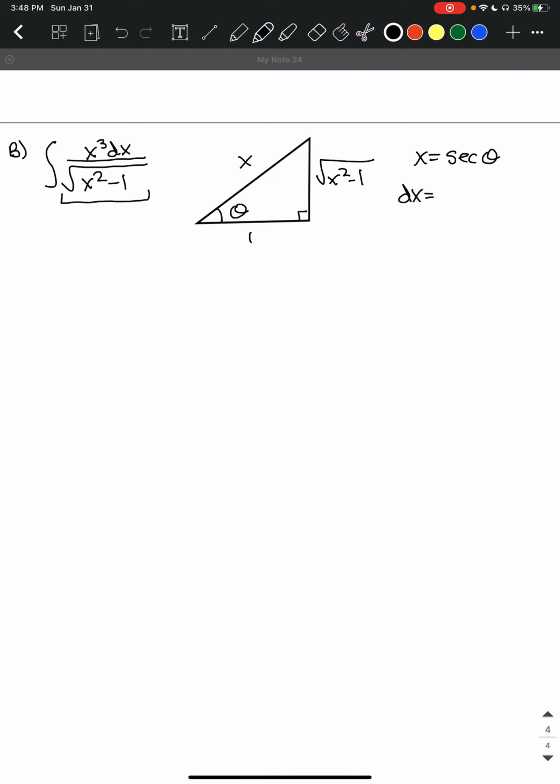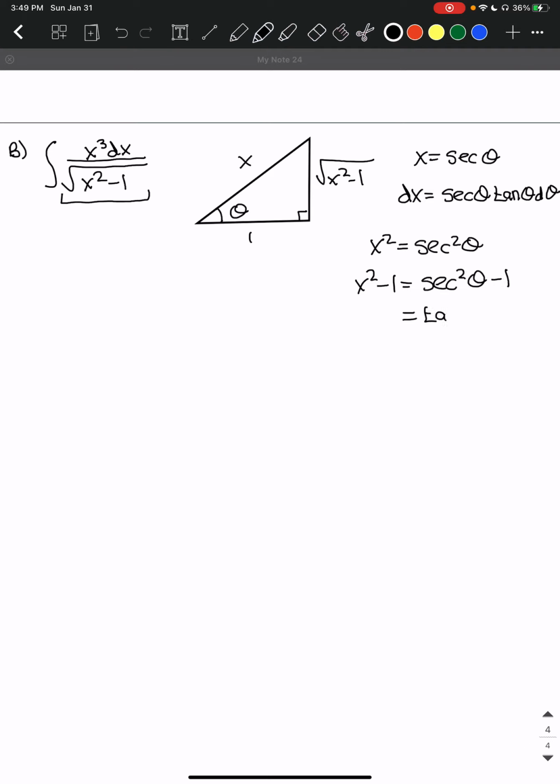Again, don't forget to do dx. We get secant theta tangent theta d theta. And then again, you can substitute everything in if you'd like. I like to get rid of the square root all on its own. So x squared is equal to secant squared of theta. X squared minus 1 is equal to secant squared theta minus 1.